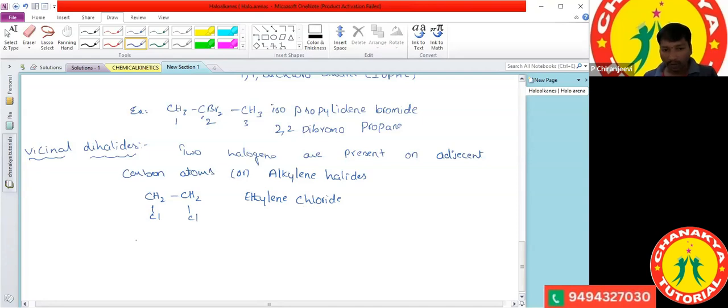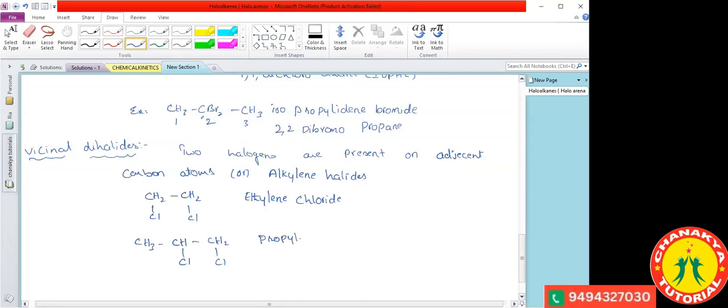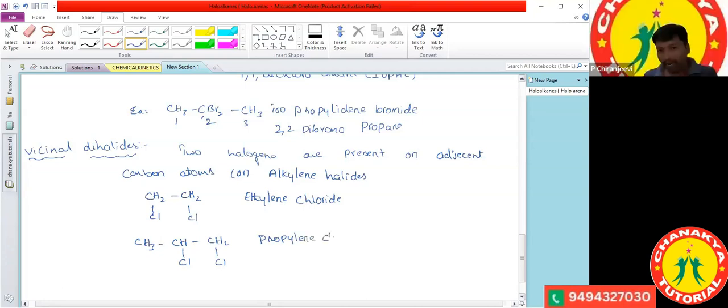And for example, if you write CH3-CHCl-CH2-Cl, how can we write the common name for this one? Propylene chloride.